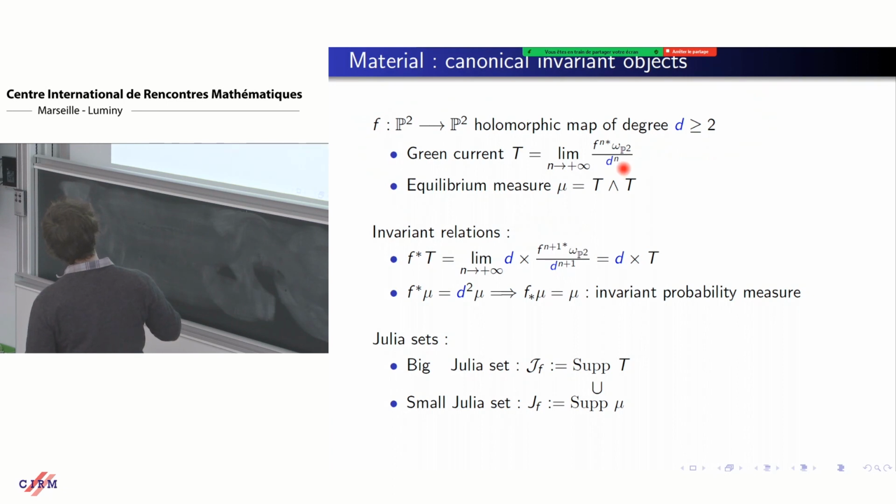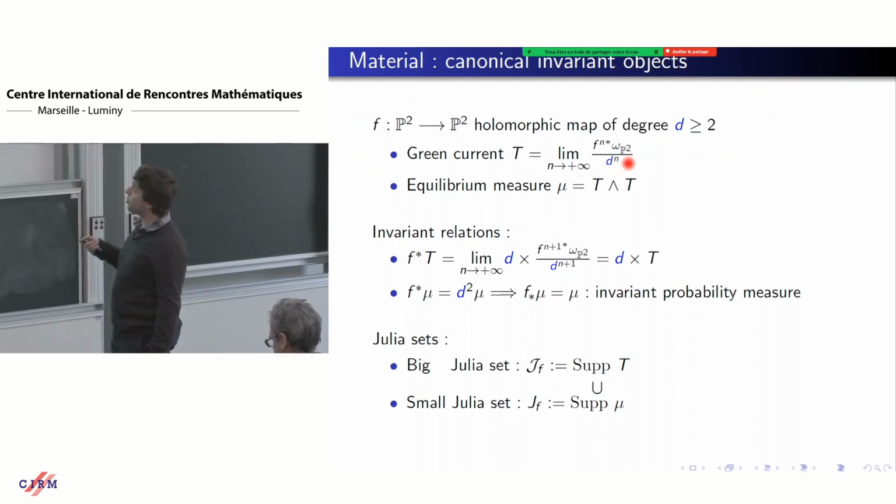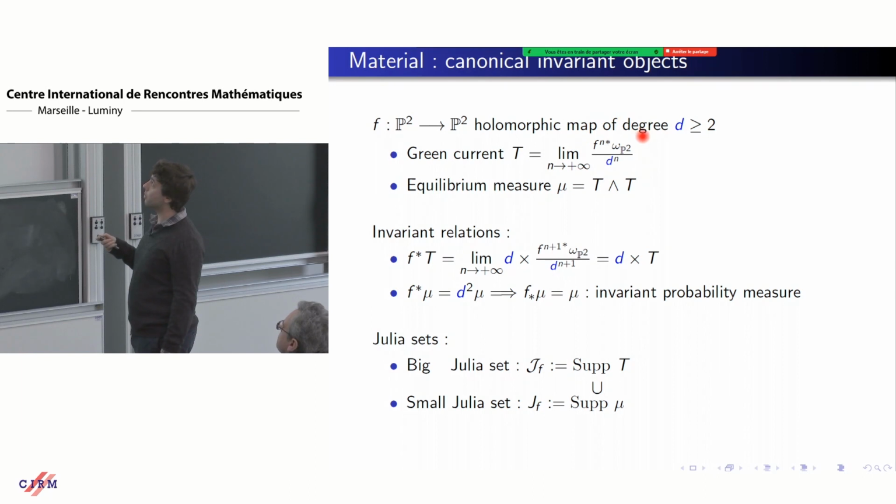Omega P2 is a Fubini-Study form. In general, it's not invariant by the map F, of course. But if you take some pullbacks and some renormalization, then you can show that the sequence converges in a certain sense to a form T. Of course, it's not smooth. It is a generalization of differential form that we call a current.